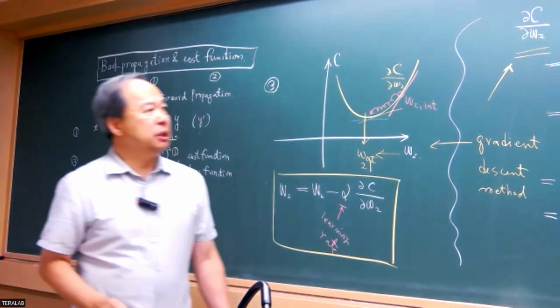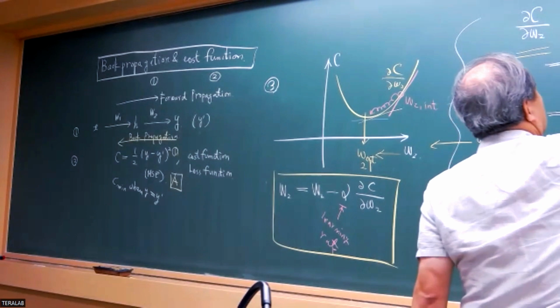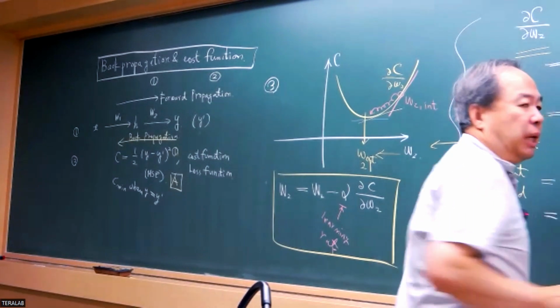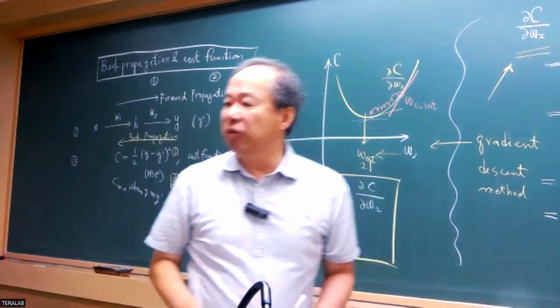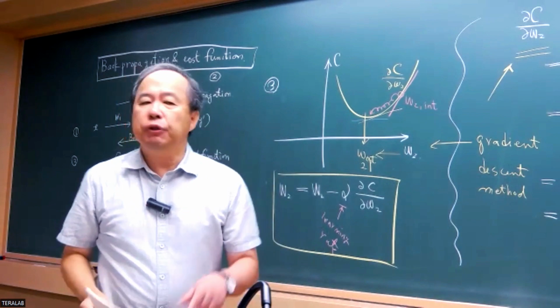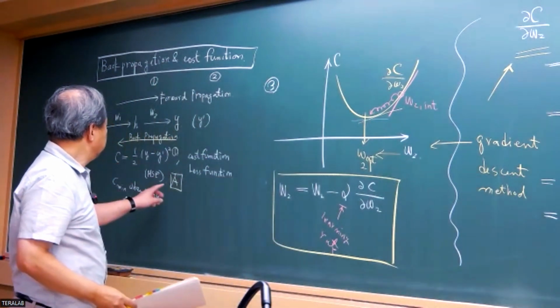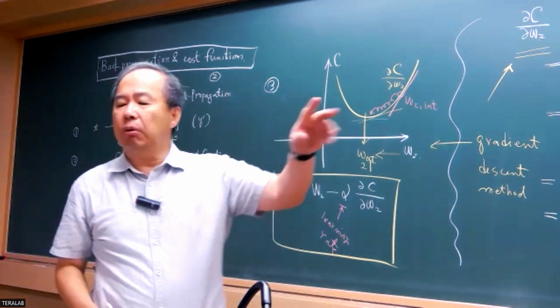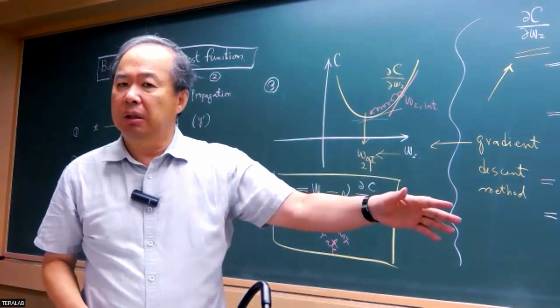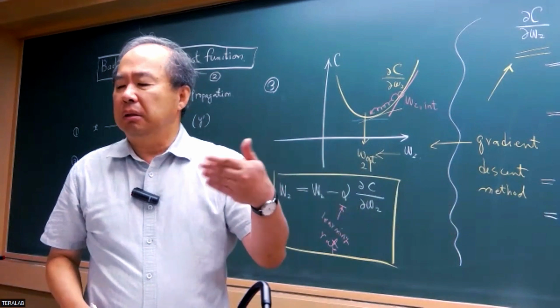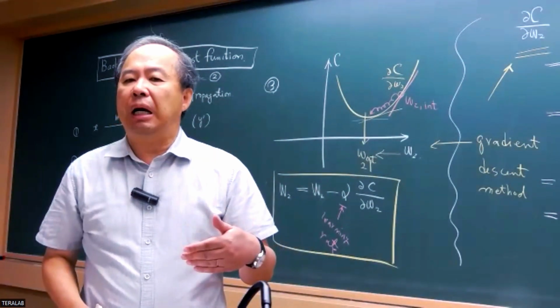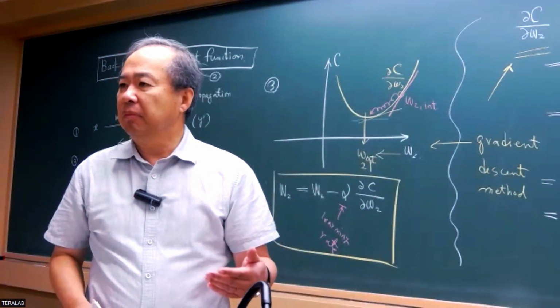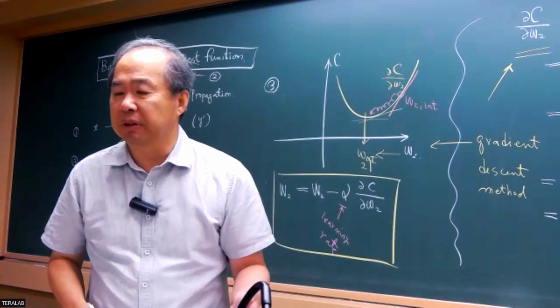The second assumption is that we are using the sigmoid function as the activation function. So if you choose a different cost function and a different activation function, all these equations will be different. But the chain rule philosophy is still there. Only the details are different.